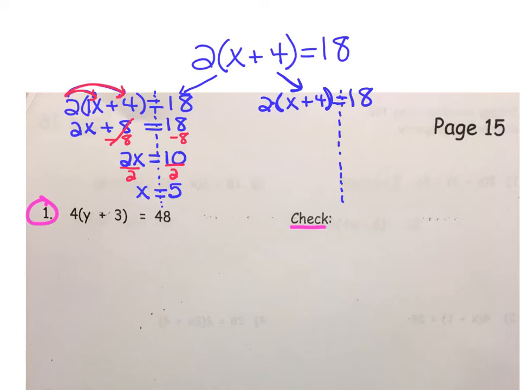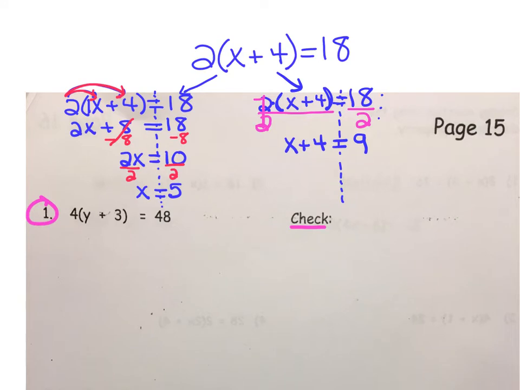So what we can do is, in order to eliminate the 2, we could divide both sides by 2. The golden rule of algebra: what you do to one side, you must do to the other. Well, we're left with the quantity x plus 4 equals 18 divided by 2 gives us 9.